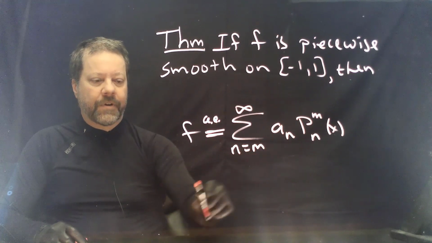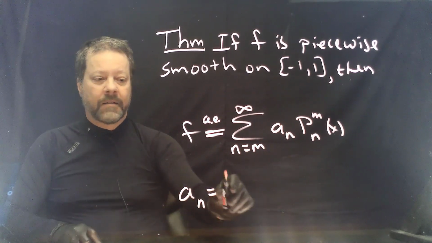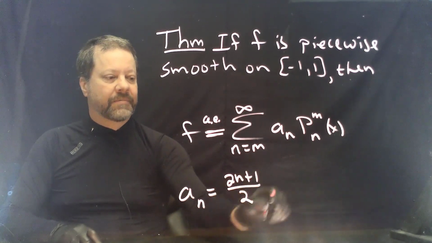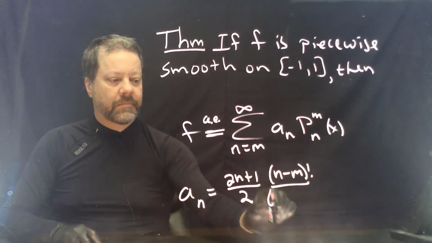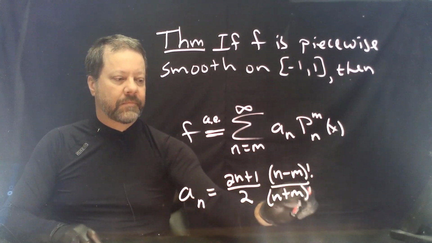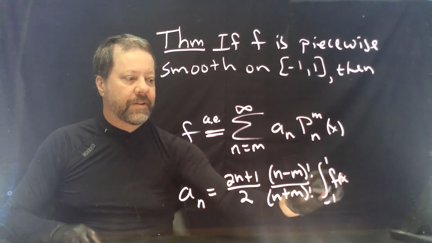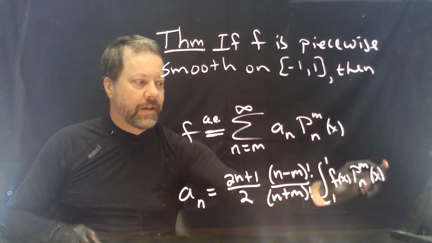You find these Fourier coefficients in the usual way. We'll have to divide off the normalization factor and then take the inner product of the function with the associated Legendre functions.